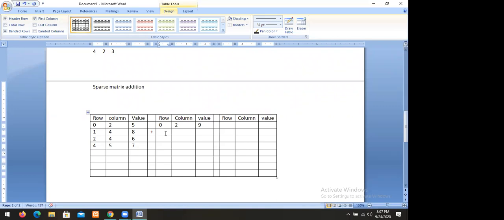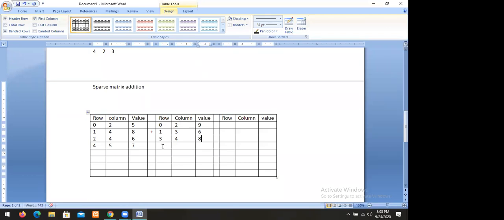Again we have first row, then third column, value is 6. Again we have third row, fourth column, value is 5.